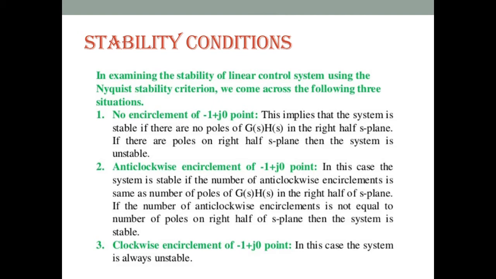And if the number of anticlockwise encirclements is not equal to the number of poles in the right half of the s-plane, then the system will be unstable. So generally N will be taken as positive if Z is greater than P, and N will be negative if Z is less than P.